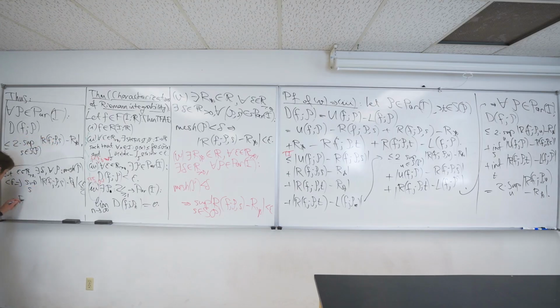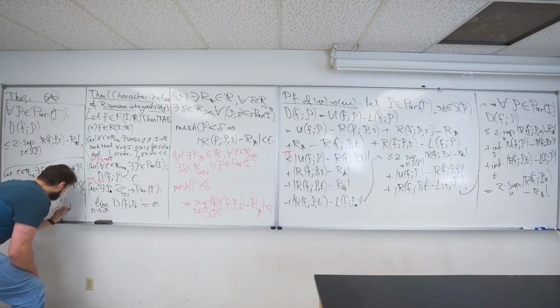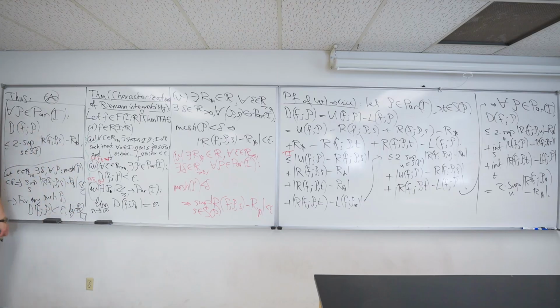And for any such P, the Darboux aperture would be bounded by epsilon by the master inequality, star. And this ends the proof of 5 implies 3.